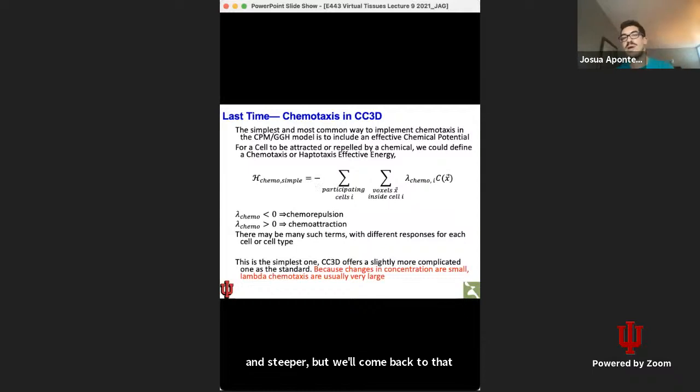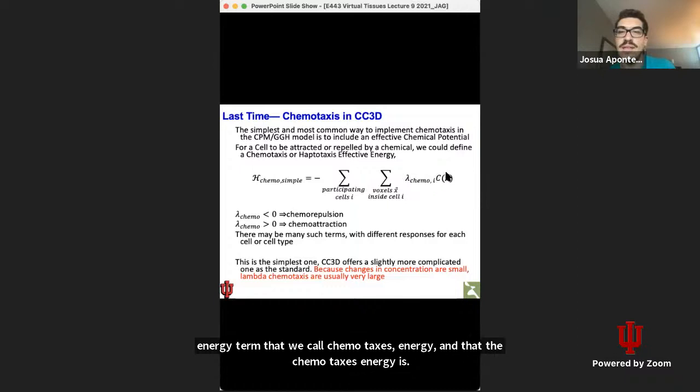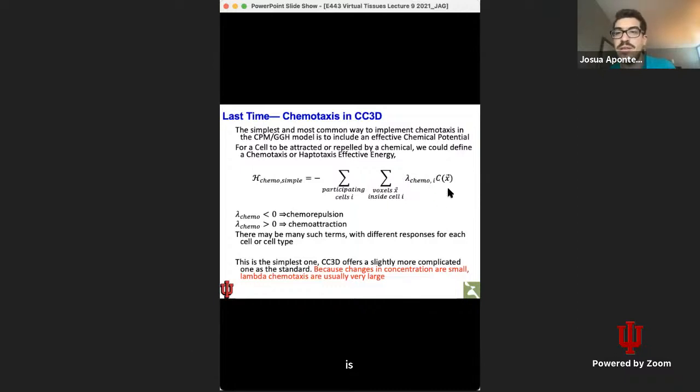We mentioned that the way this chemotaxis is implemented in CompuCell is by adding another effective energy term that we call chemotaxis energy, and that the chemotaxis energy is linear in the gradient and proportional to it.